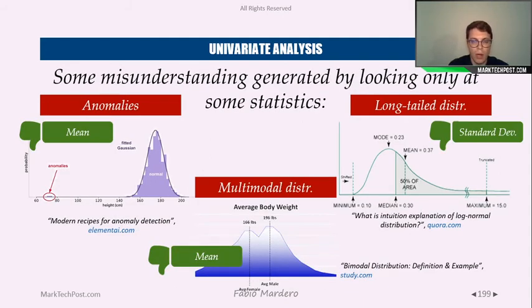But why? First of all, I said that looking only at some property from the observed sample could be misleading. For example, let's look at the top left diagram here.